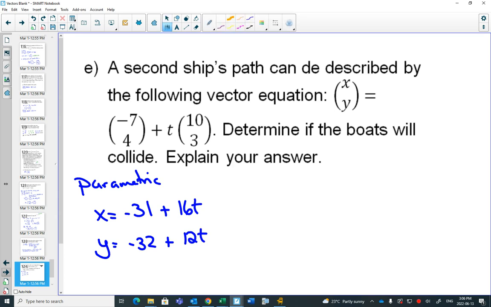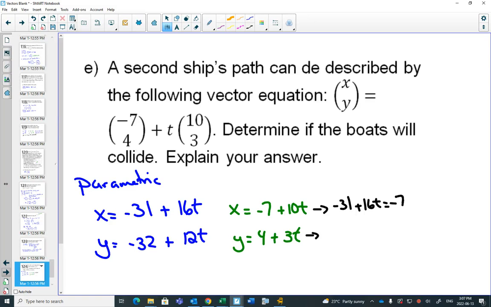The second boat's parametric equations would be x equals negative 7 plus 10t, and y equals 4 plus 3t, which gives us the following equations. Negative 31 plus 16t is equal to negative 7 plus 10t, and negative 32 plus 12t is equal to 4 plus 3t.